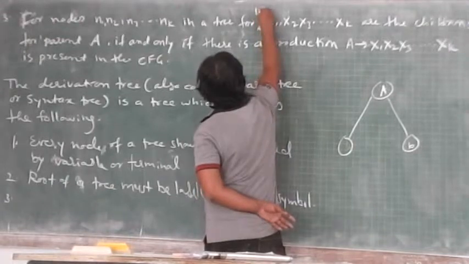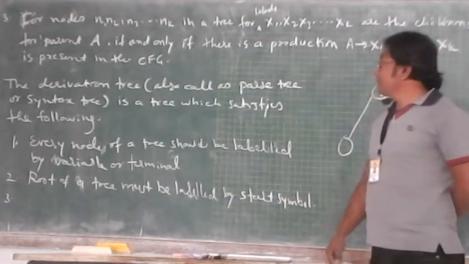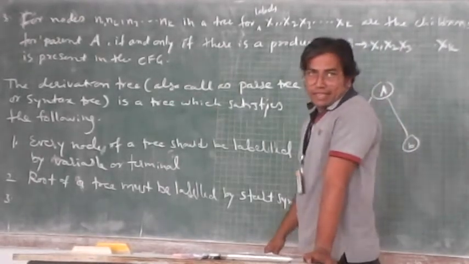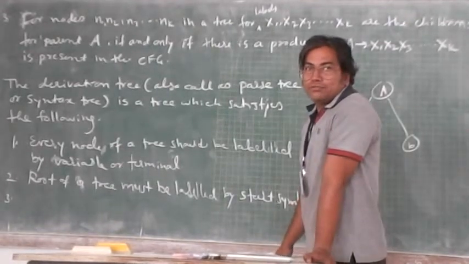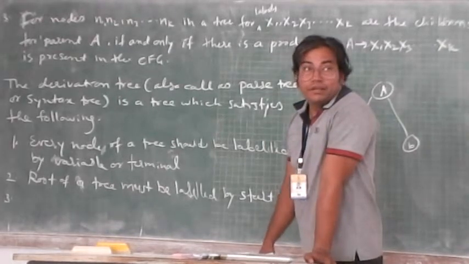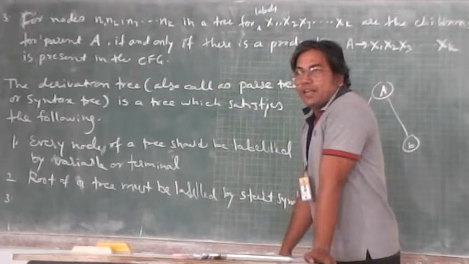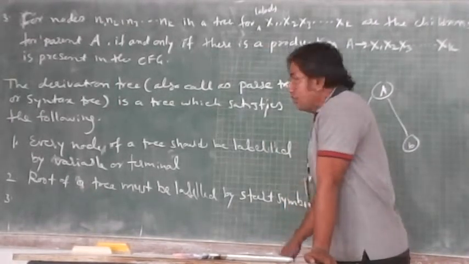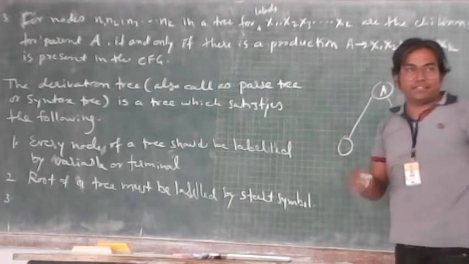For labels, for nodes n1, n2 up to nk, these are labeled by x1, x2 up to xk, and these are the children of parent A. Then this kind of arrangement you can have if my context-free grammar has a production of the kind A implies x1, x2, x3 up to xk.